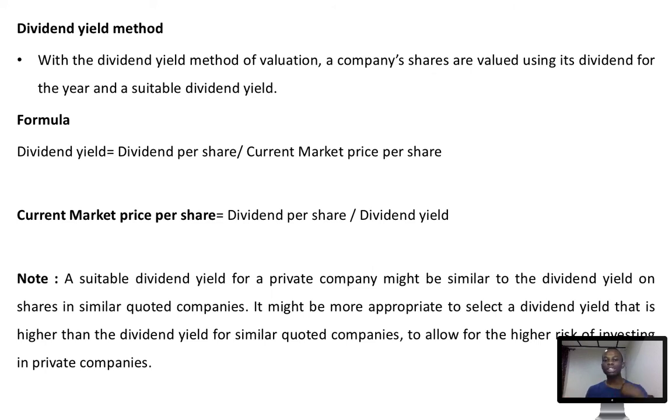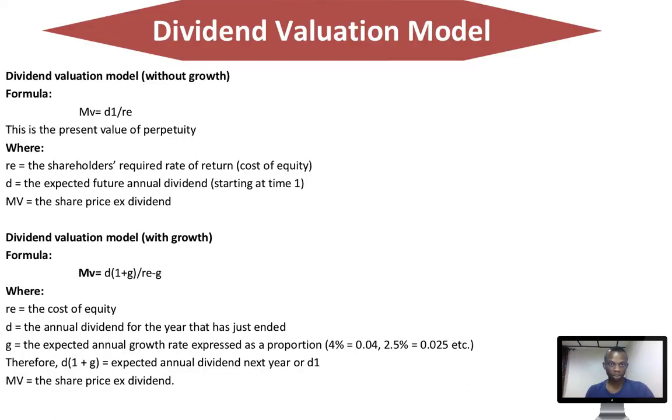If you have a dividend per share of 20 and a greater dividend yield, it will definitely reduce the market price. The reason is that it is a private company, so the current market price has to be lower than that of a quoted company. So that's it for PE ratio and dividend yield.